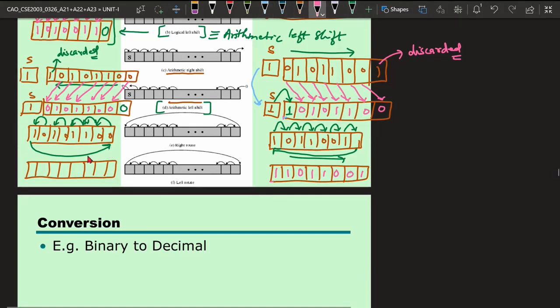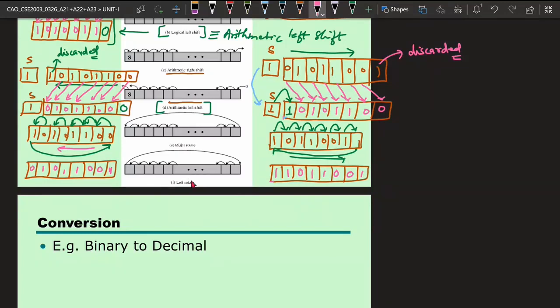So after the movement to the left side, 0 will be moved to this location, 1 will be moved here, and this 1 will be moved again to the LSB side here. So this is the left rotate basically.